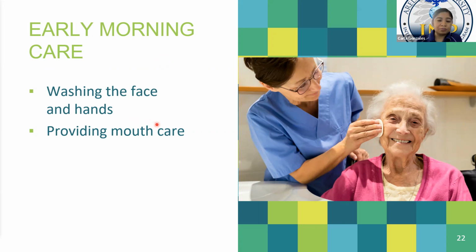We can also provide mouth care, and then assist the patient to the toilet. You can also think of the things that you do upon waking up, aside from getting your cell phones, related to hygiene.